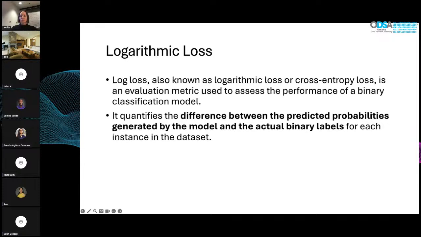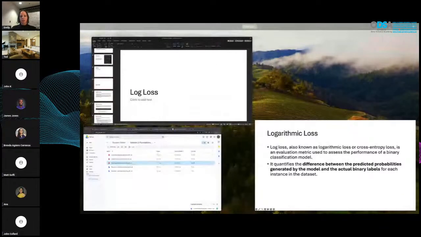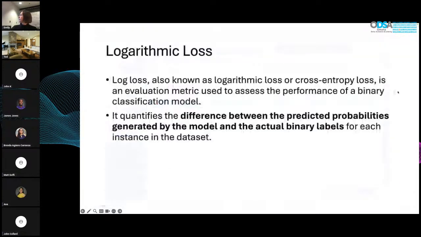So I'll go pretty fast here through the log loss. Let me reset my presentation so my pointer's on here, but I can actually look at you guys. Okay. Log loss, I hear it most often called log loss, but if you want to be very verbose, you might call it logarithmic loss. It's derived from the logarithmic function, and it's an evaluation metric used to assess the performance of a binary classification model.